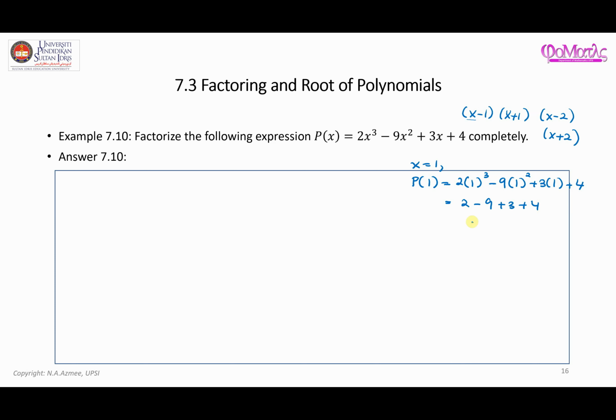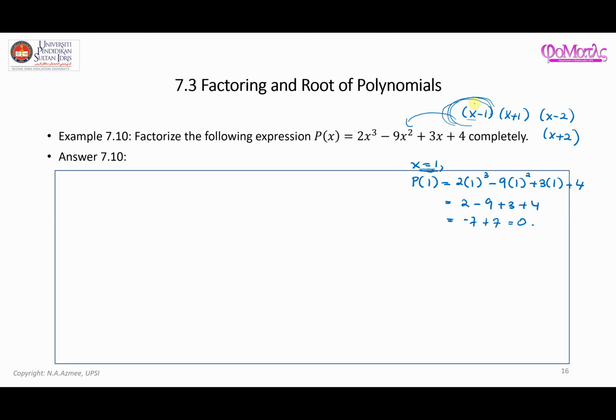So this is negative 7 plus 7, which is 0. So because of that, x equals 1, so 1 here is the root of the polynomial function. And because of that, x minus 1 is actually one of the factors.